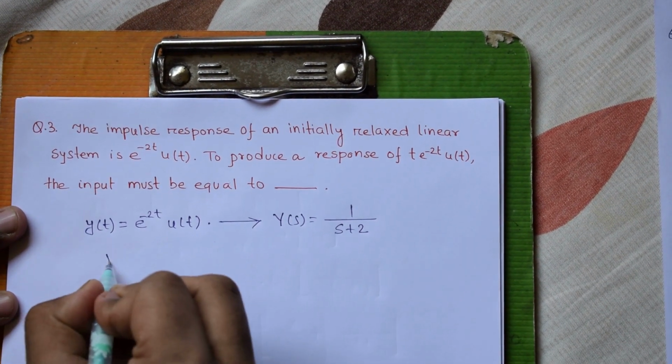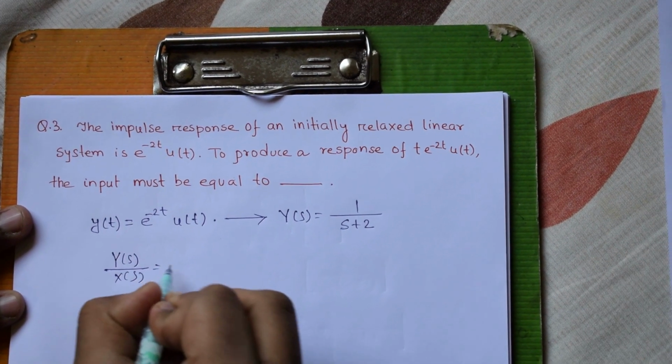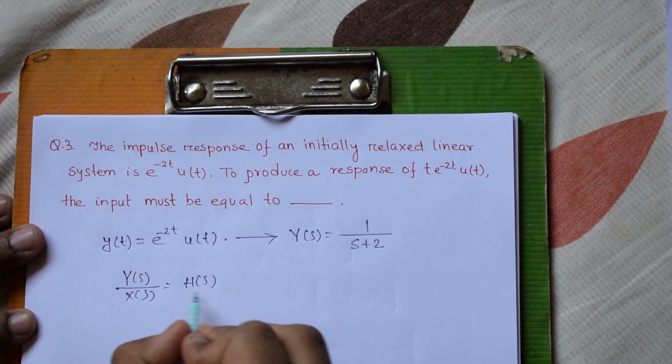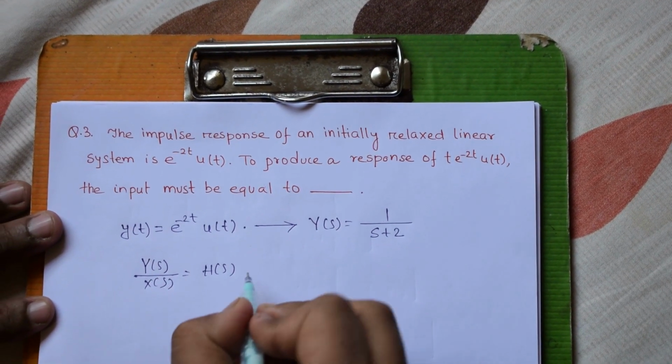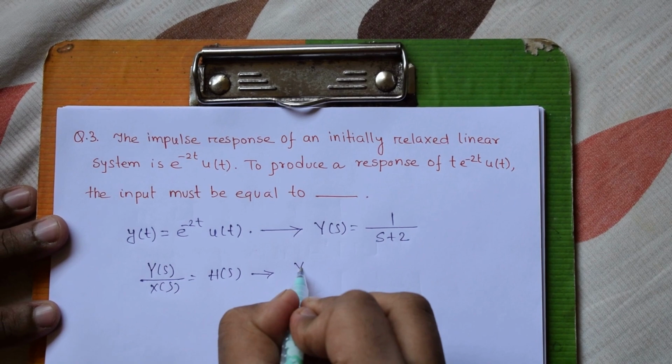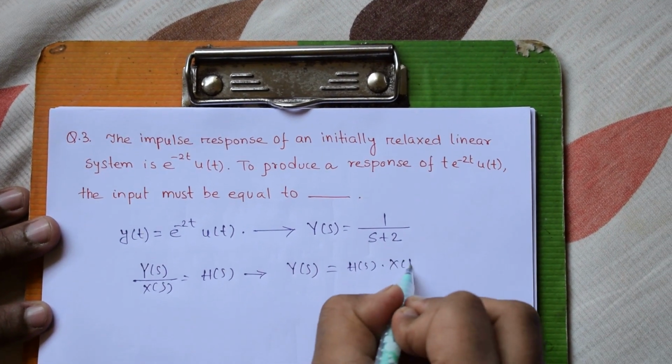We also know that Y of s by X of s equals H of s. H of s is our transfer function and X of s is our input. So from here we can write Y of s equals H of s into X of s.